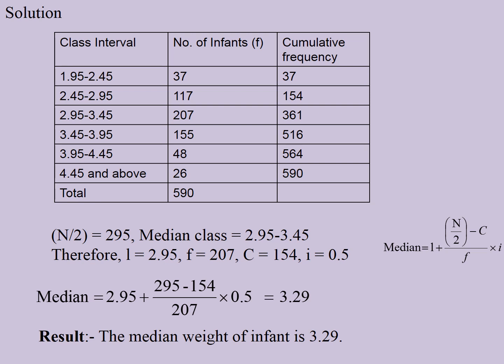So let's go into the details of the formula and calculate. L means 2.95 plus, n by 2, that is 295, minus 154. 154 stands for the cumulative frequency of the previous class, divided by F, that is 207, multiplied by 0.5, is equal to 3.29.